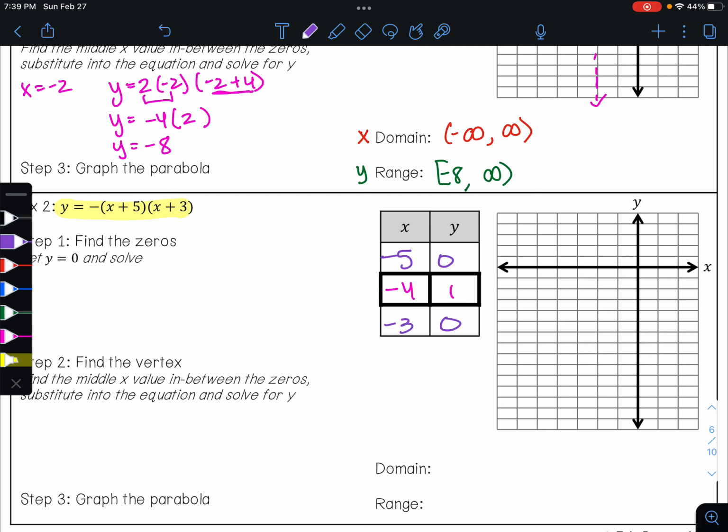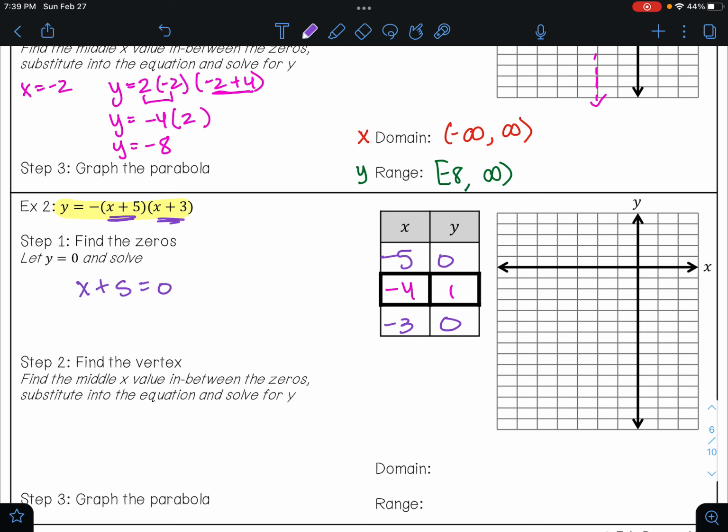Again, notice how my x values go from least to greatest. Now, it makes sense that our zeros are -5 and -3 because if we were to set these factors equal to 0, we would have x plus 5 equals 0 and x plus 3 equals 0. If I were to solve that first equation, I would get -5. And if I were to solve the second equation, I would get -3.